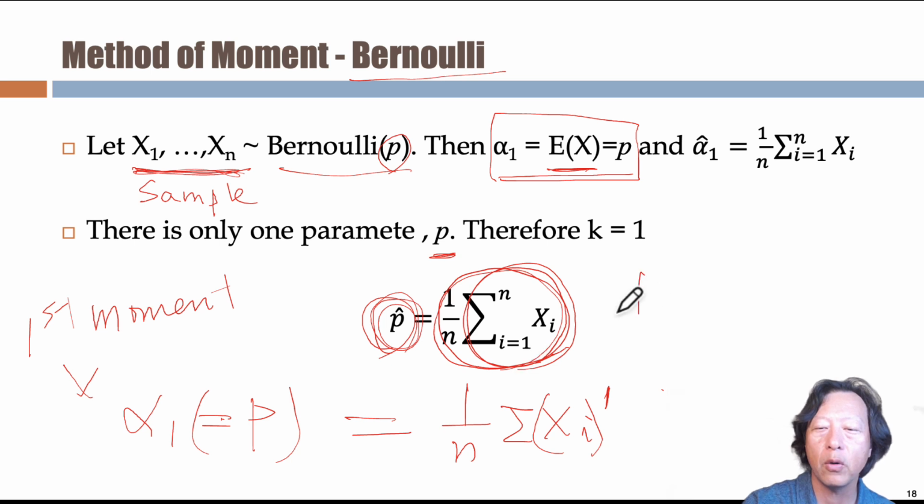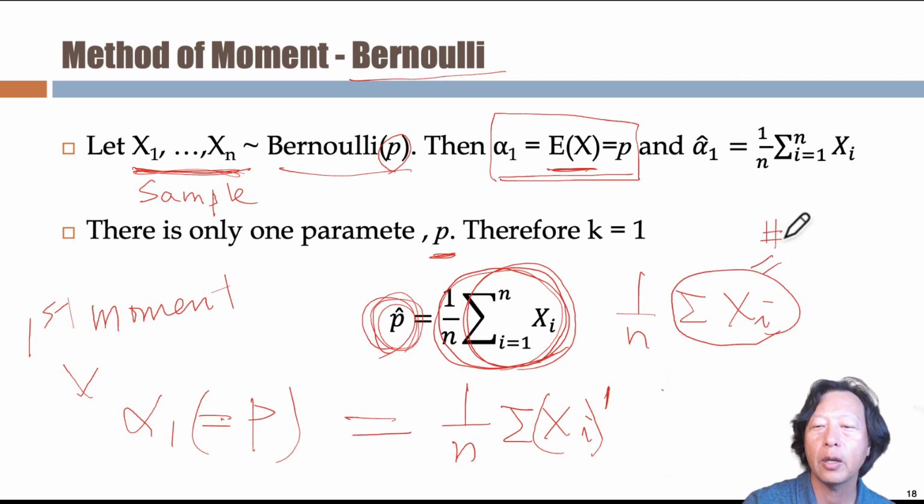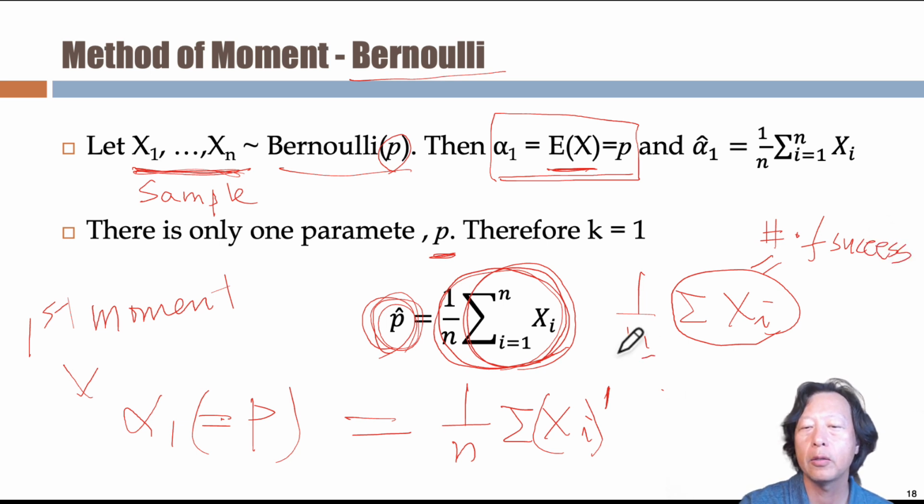So this is 1 over n times the sum of xi. This part will be the number of successes, right? And what is n? n is the number of trials.